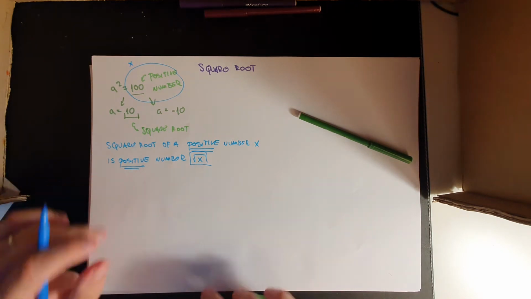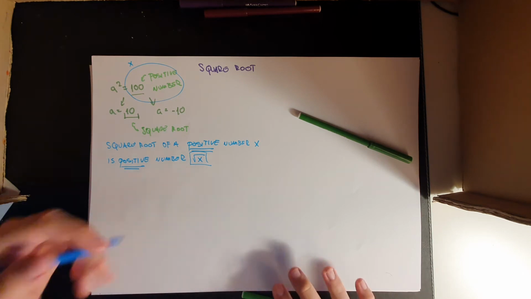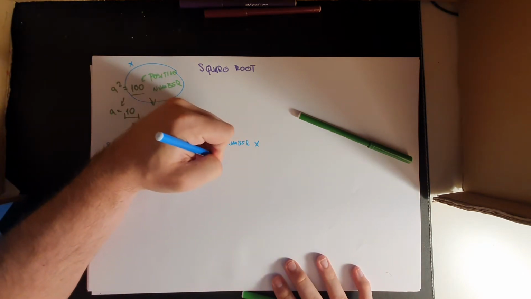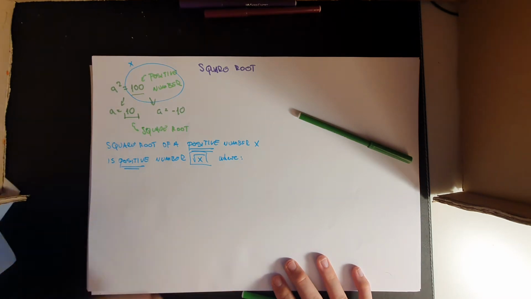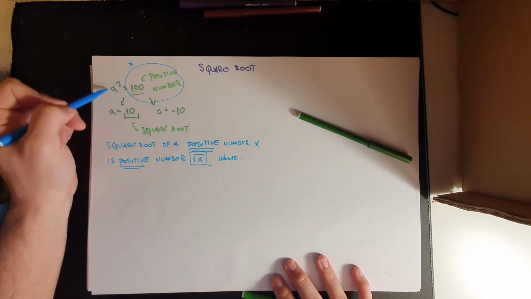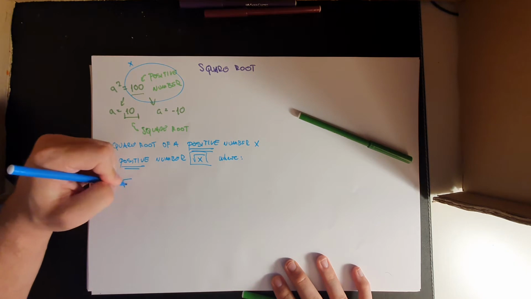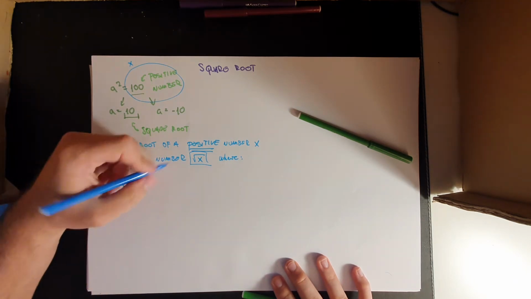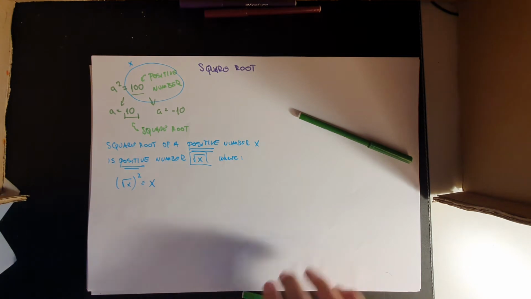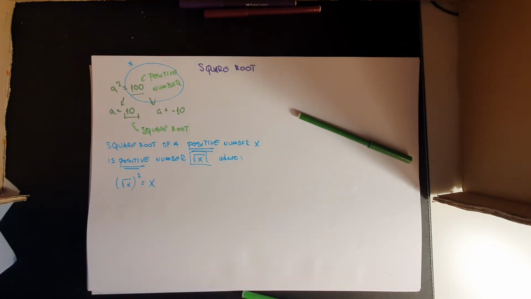Now, this is not the end of the definition. The definition also says that this square root of x, if I square it, if I do this operation, so if I use the square root of x and now I square it, we are going to get the number x, the positive number x.